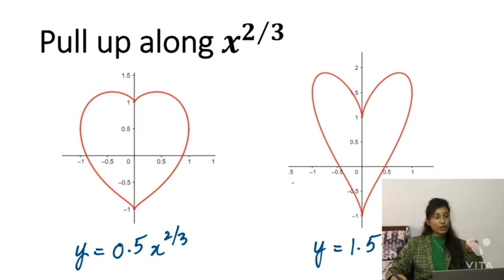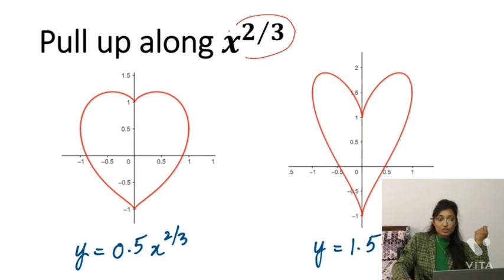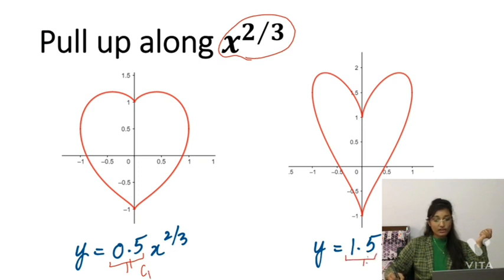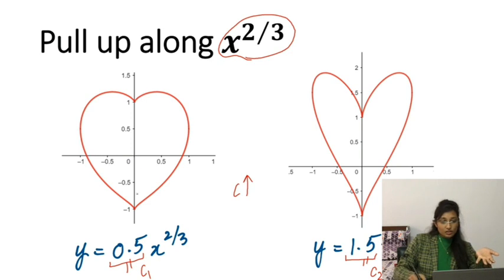Now we will pull up along our other concave function, that was x raised to power 2 by 3. We will change the slope. 0.5 we have taken as C1 and 1.5 as C2. On changing the slopes, you can clearly see the difference. As the slope increases, its curves also change shape.